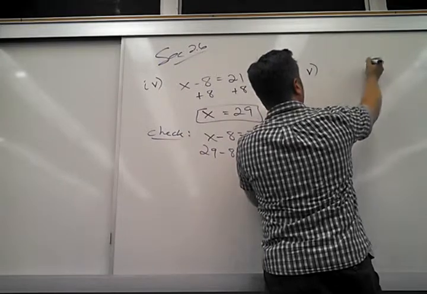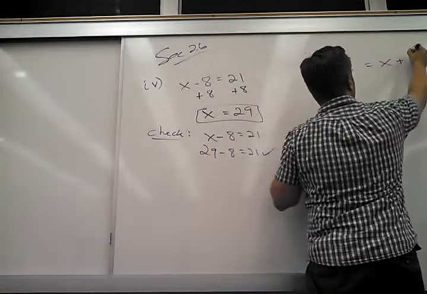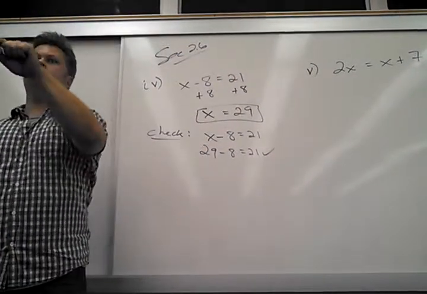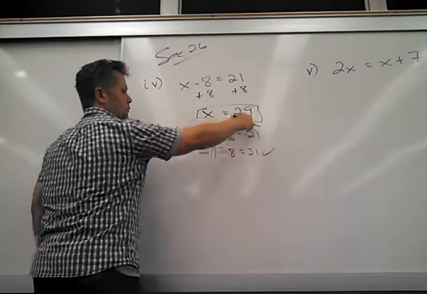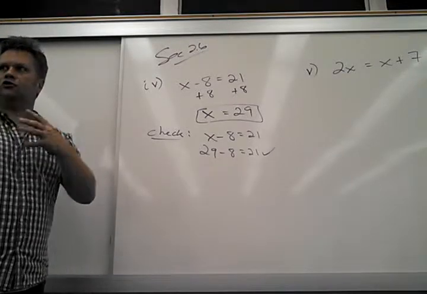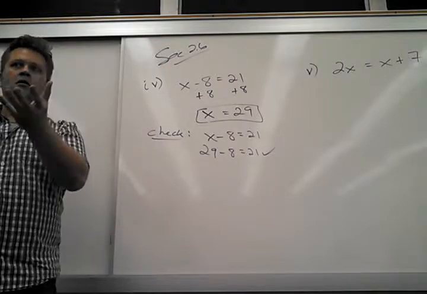So, if I had something like this. All right, now tell me, keeping in mind what the goal is. The goal is x equals a number. What's fundamentally wrong with that, that I can try to correct? My x's, like you just said, are on 2 sides.